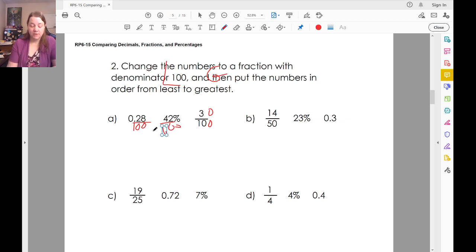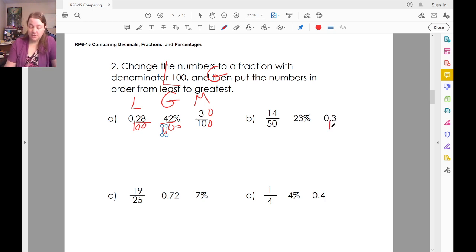So which one's the biggest one here? They're all over 100, so we just look at the numerator. 42% is the biggest, 28% is the smallest. So greatest, least. If you'd like, we can also talk about which one goes in the middle. But I don't have a lot of room to keep rearranging the fractions around here.